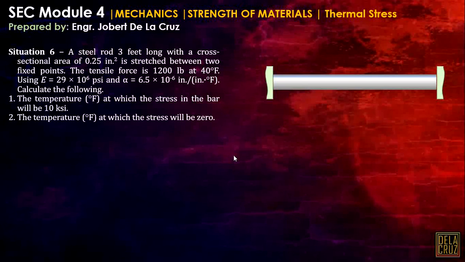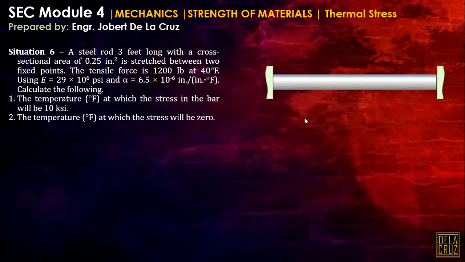Paano ito i-analyze? Okay, so initially, in the case yung bar is walang stress, ito yung original, kumbaga, original position natin. Hindi pa to nag-stretch. That when our temperature is 40 degrees Fahrenheit, mag-i-stretch yan. So, it says here that it will induce tensile force of 1,200 pounds. So, kailan mangyayari na magkakaroon ito ng tensile force pag nag-change yung temperature?